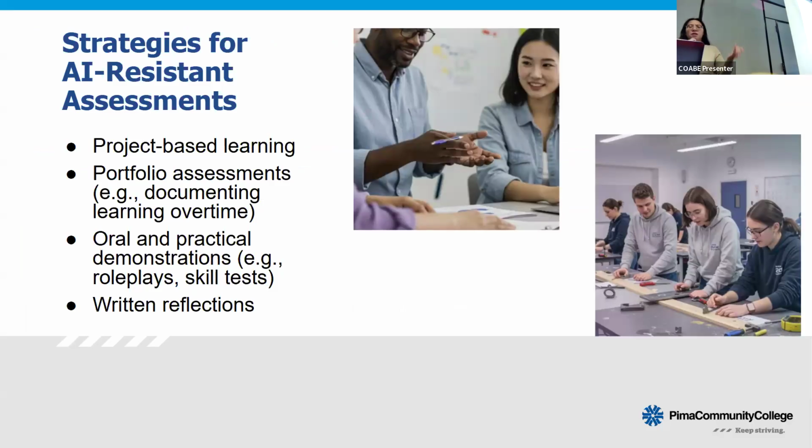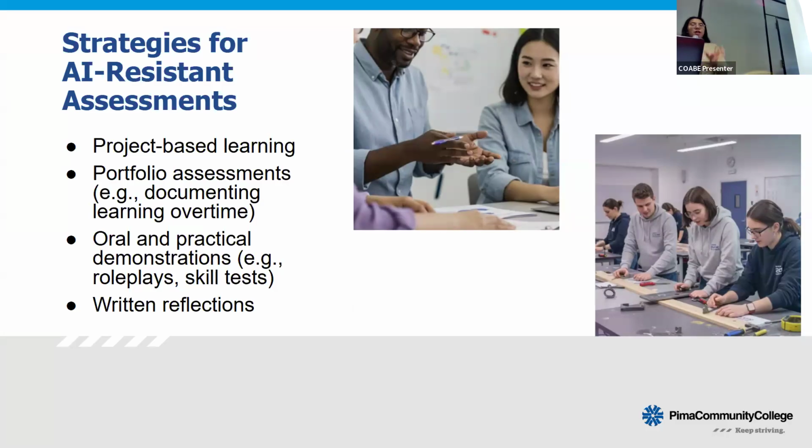Okay, yeah, so a lot of these strategies we've talked about already, and I've shown you some classroom examples. These are some ideas that can help with assessments that are AI resistant, like project-based learning, and creating portfolio assessments.